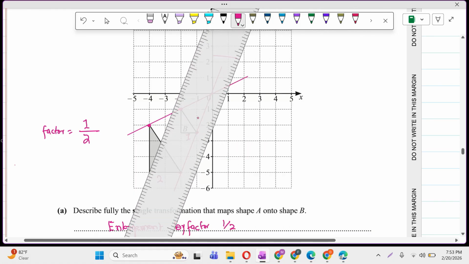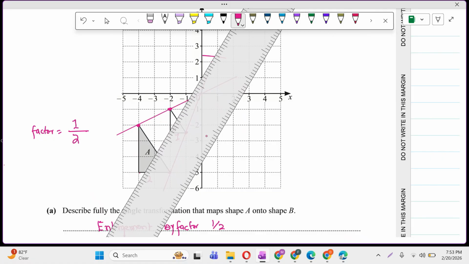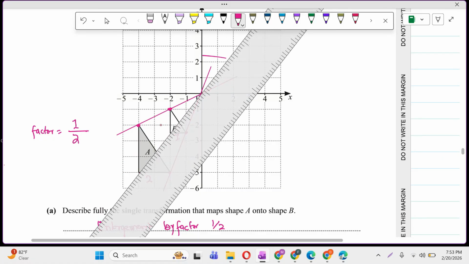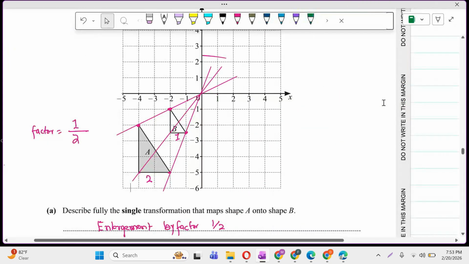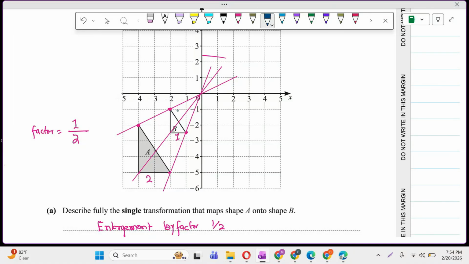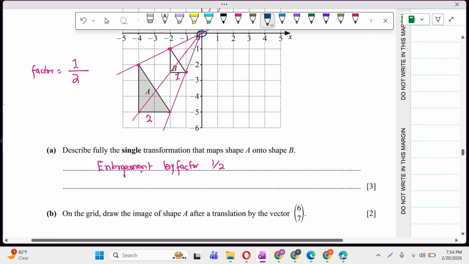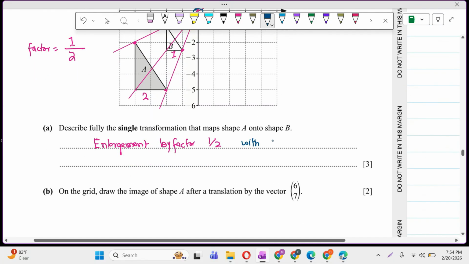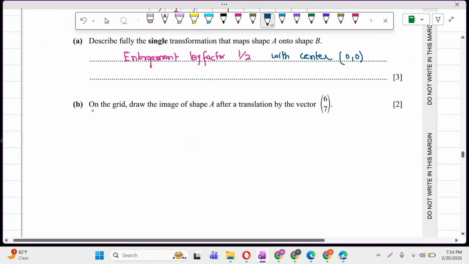Similarly, when we join these 2 points, you can see that these 3 lines, which are the lines joining the corresponding points, meet at the origin. So we can say that it is an enlargement by the factor 1 by 2 with center origin or (0, 0).